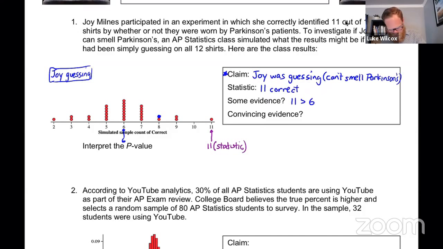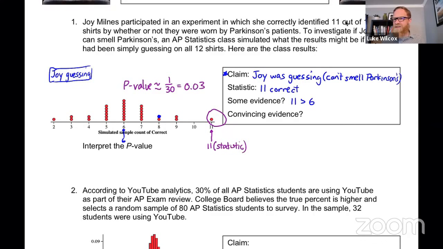But we see here that 11 or higher only happened one time, and there are 30 dots total there. So that is going to allow us to make an estimate of the p-value. I'm going to say approximately here because it's an estimate, which is 1 out of 30, or about 0.03. Very, very unlikely to happen purely by chance.